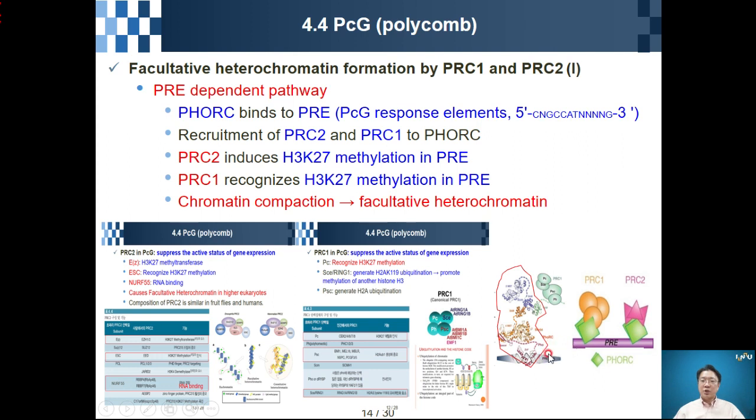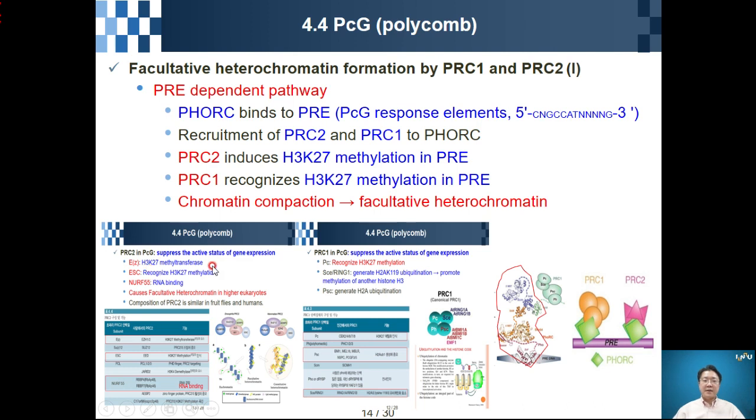This factor binds to the PRE region. After that, it will recruit PRC1 and PRC2. PRC2 induces H3K27 methylation, because PRC2 has the EZ subunit, whose main function is H3K27 methylation.